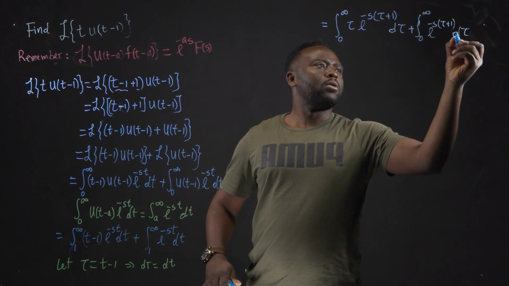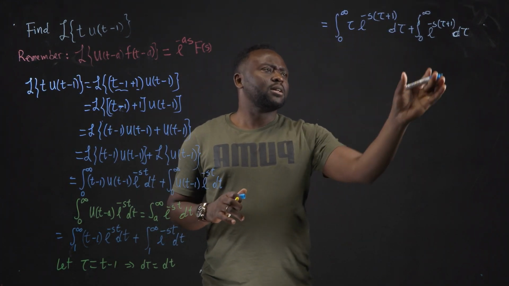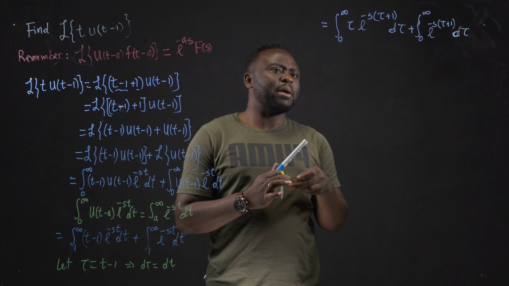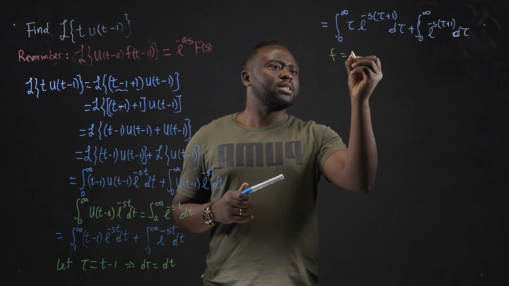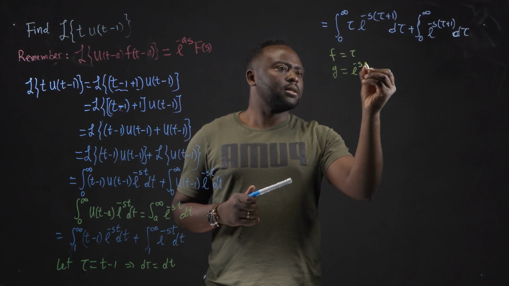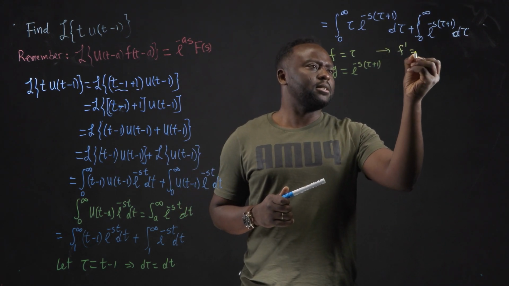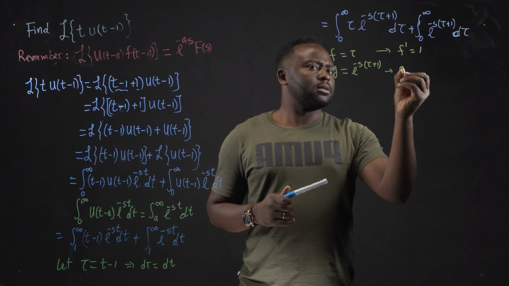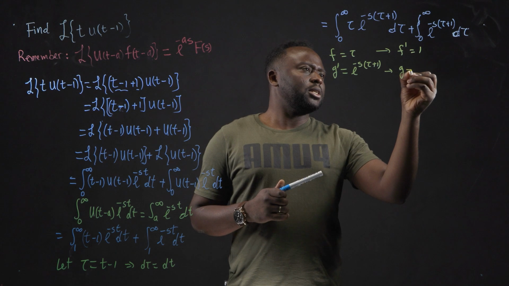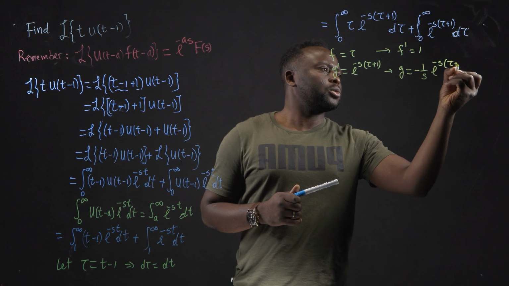All right, at this stage, we can use integration by parts to solve this, while the second integral is straightforward. So for the first one, let's use integration by parts. Let's say f is tau and g prime is e to the power minus s times tau plus 1. So the derivative of f is 1, and g is minus 1 over s times e to the power minus s times tau plus 1.